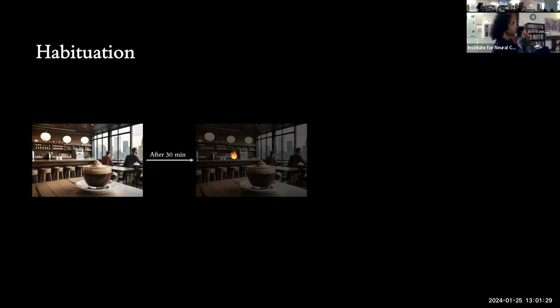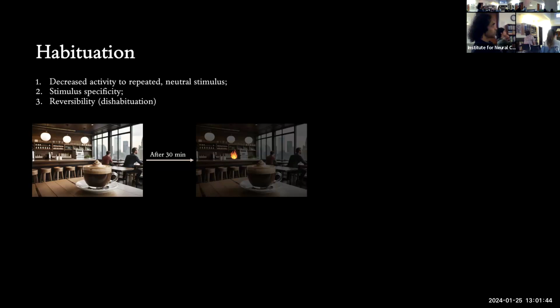Especially if you compare to someone who just entered the coffee shop, that person will have a much more difficult time detecting the burning smell among all the coffee smells. What I just described are the three features of habituation. First, it decreases the activity to repeated neutral stimuli, aka noise.